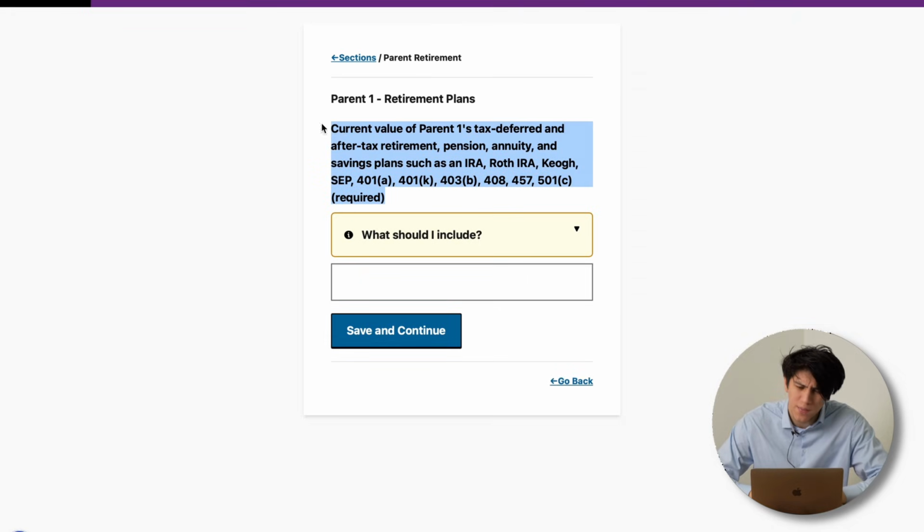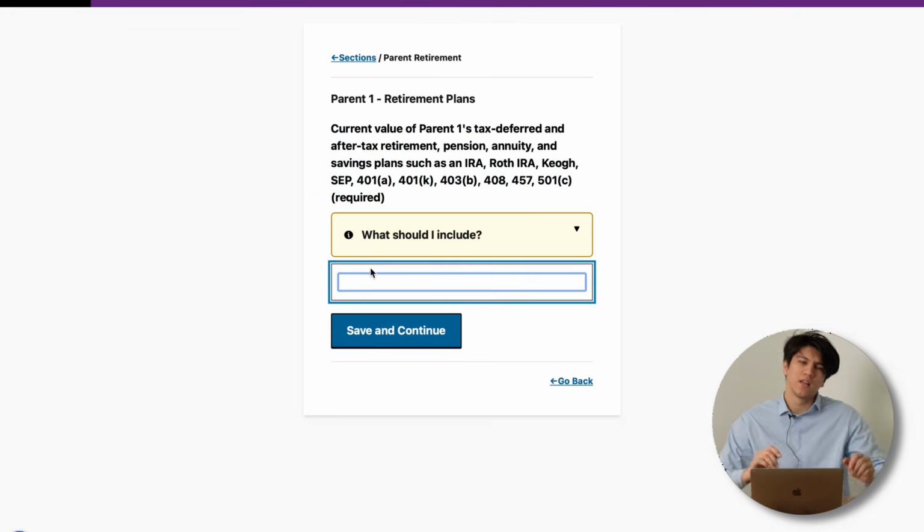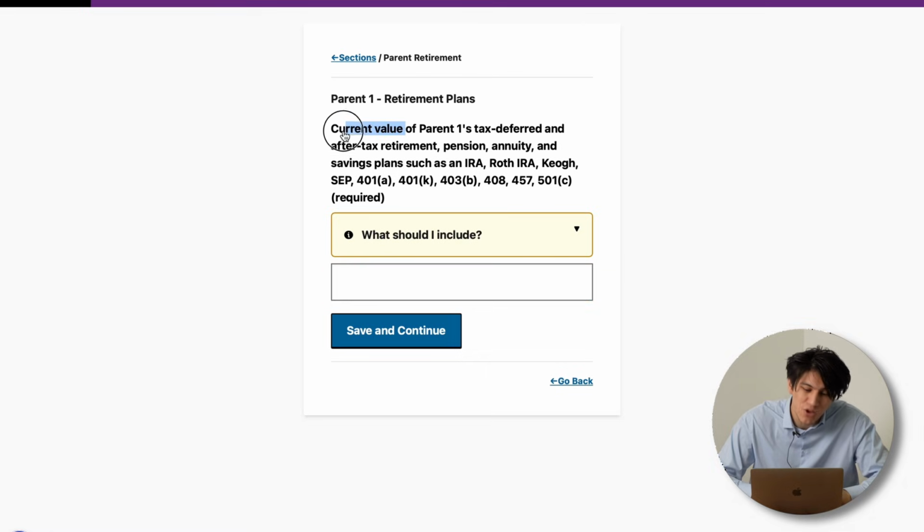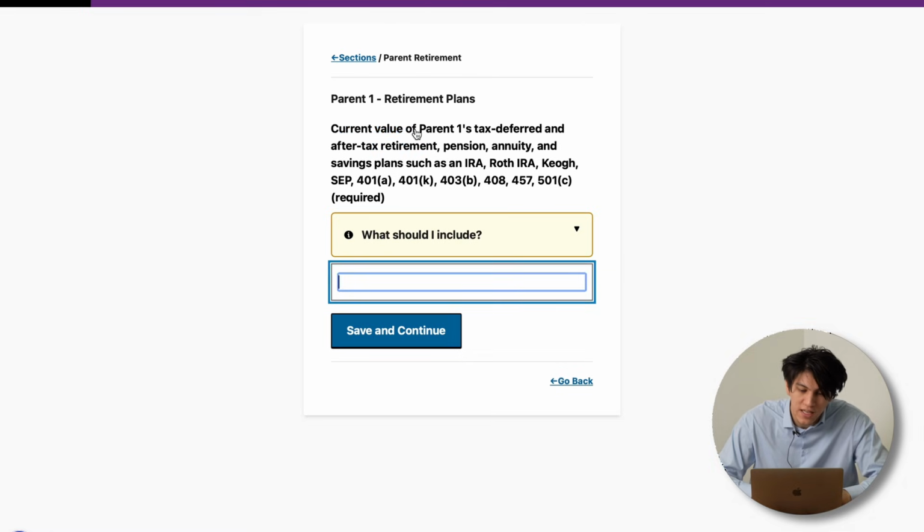I think that's US-based stuff, but that means that, let's say, every single month your parents are working officially, they pay taxes and they pay for the pension, right? Retirement plan. If they've been working for 10 years, how much has been earned so far? So current value. You have to ask your parents about this. If they don't have any information about this, just put 0.